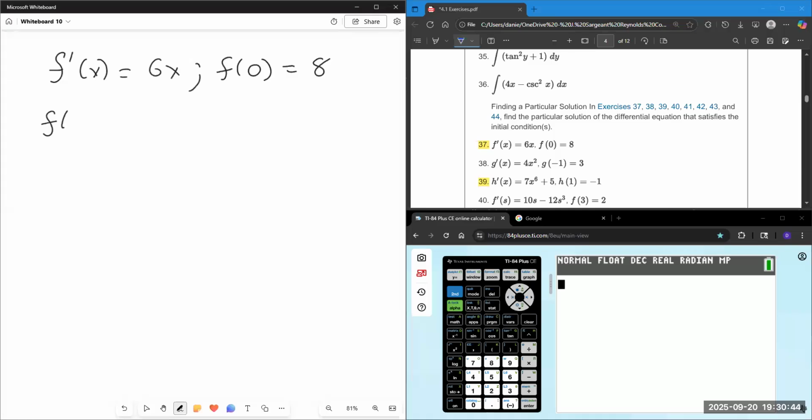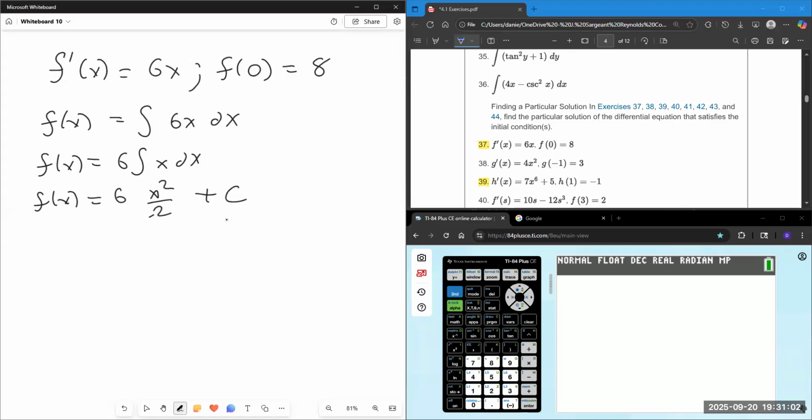So f of x is going to be the integral of 6x dx. F of x is going to be 6 times the integral of x dx. F of x is 6 x to the second over 2 plus capital C. So f of x is 3x squared plus c.